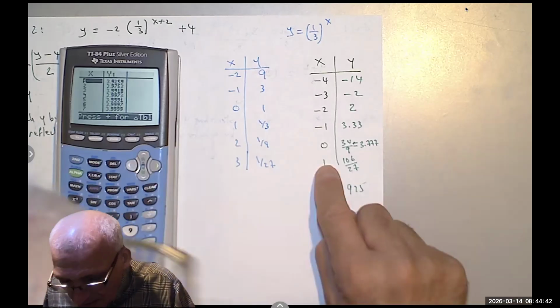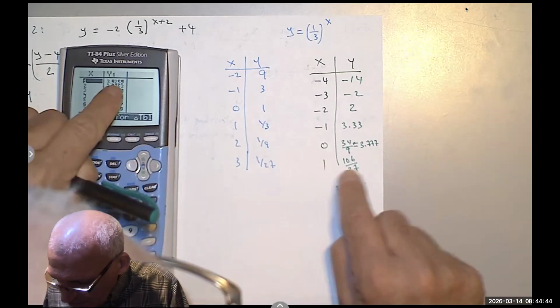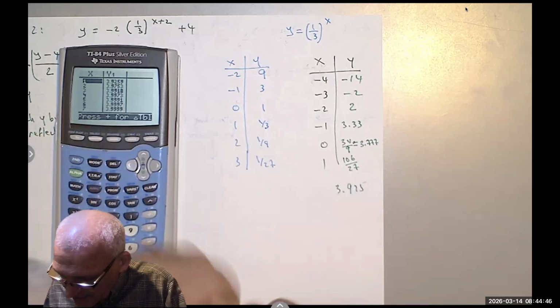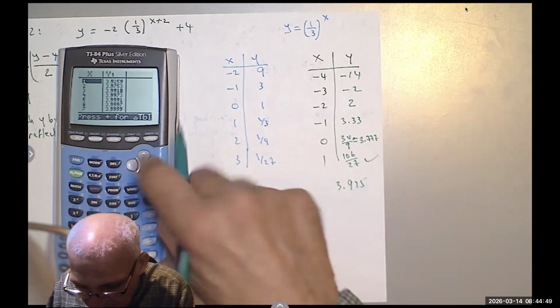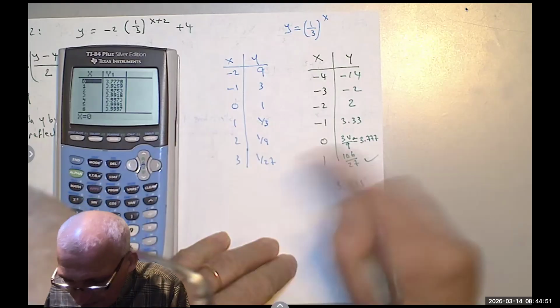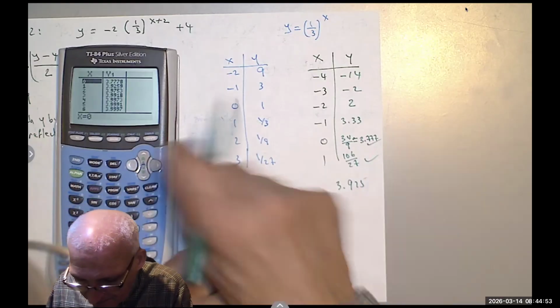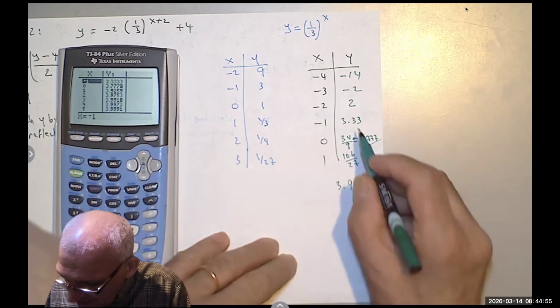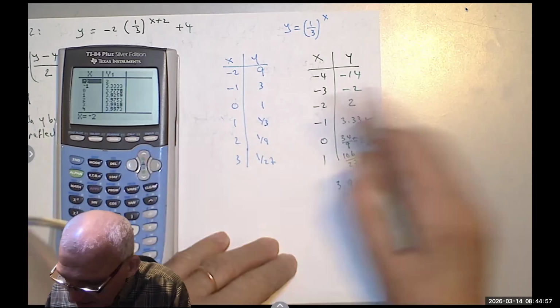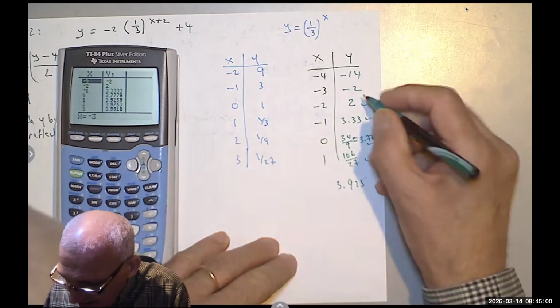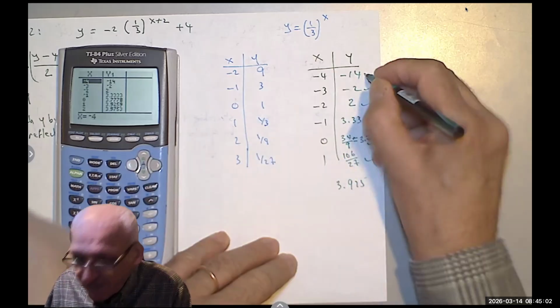When x is 1, 3.925. So this is right. How about when x is 0, 3.7778. When x is -1, I get 3.33, then I get 2, then I get -2, then I get -14.